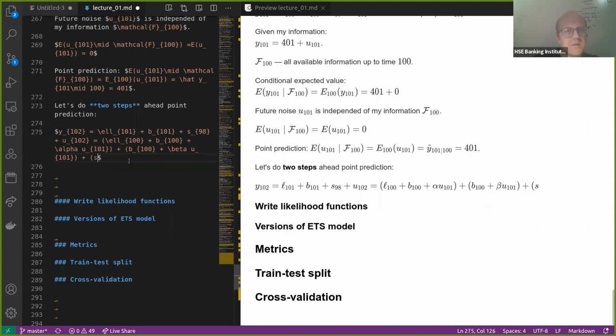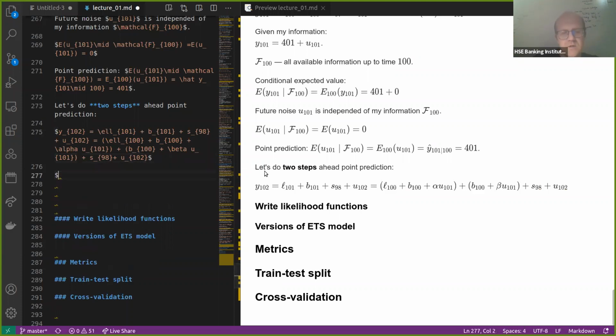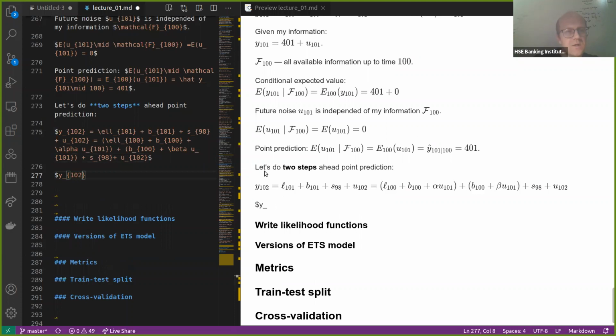Sorry, we have S98 plus U102. And we just plug in everything we know into Y102.